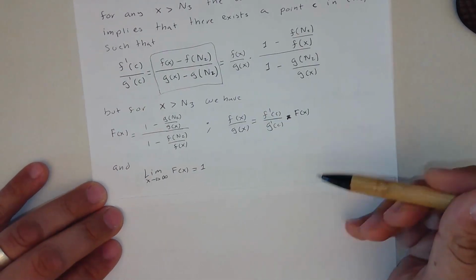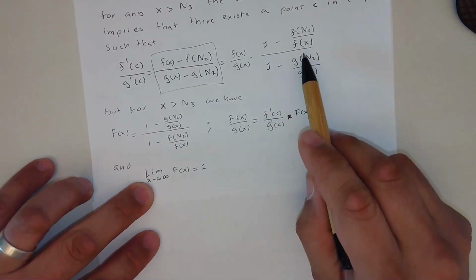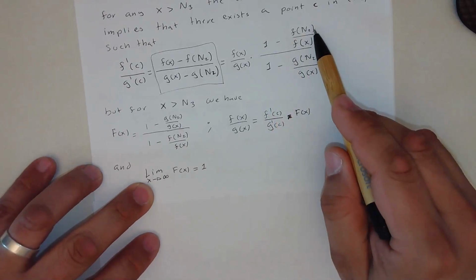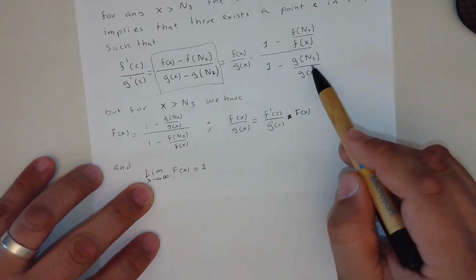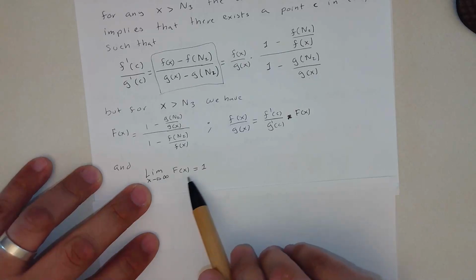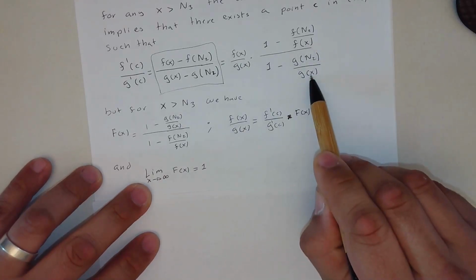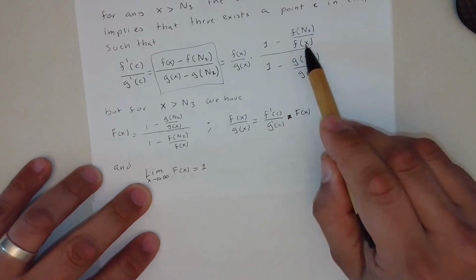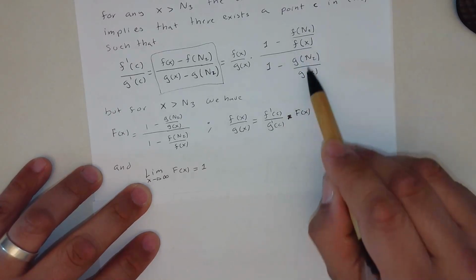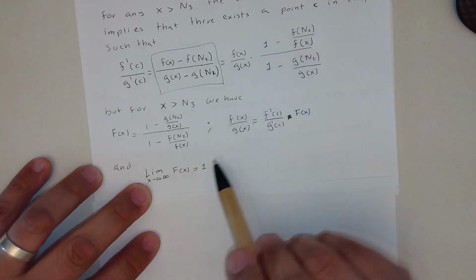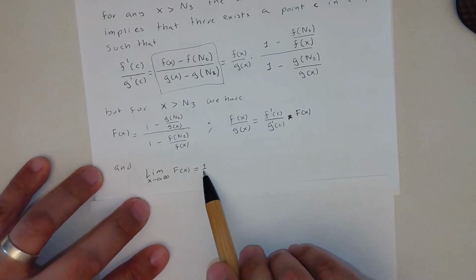But we know that this part, if we obtain the limit of this function, whenever the x is going to infinity, this is going to infinity, this is going to infinity, this function will become 0, right? So we will have 1 over 1, therefore the limit is 1, okay?